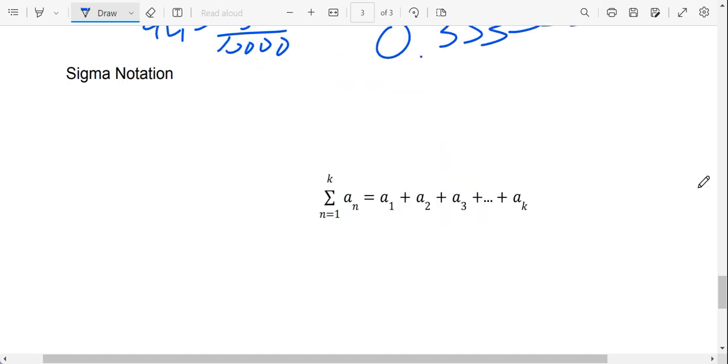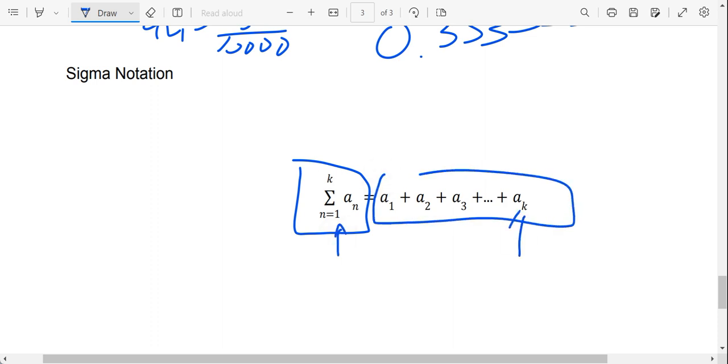All right. And this is sigma notation. Now, when I give you a problem, it's going to be simply that. But what you're going to be doing is plugging in whatever this number is right here, in this case 1, and going all the way to k. N is what we call the index of summation.